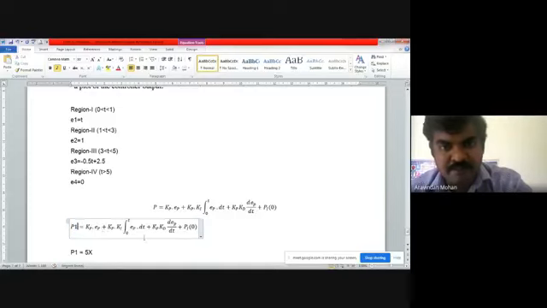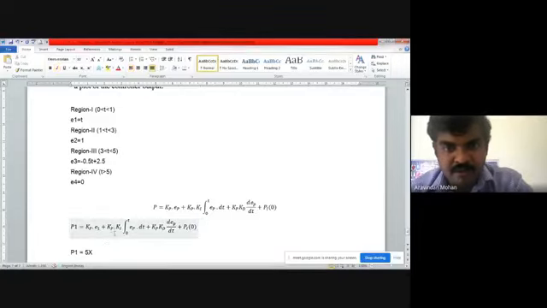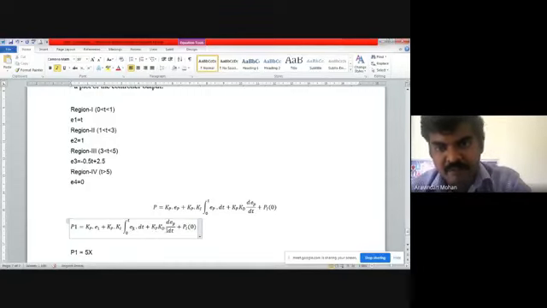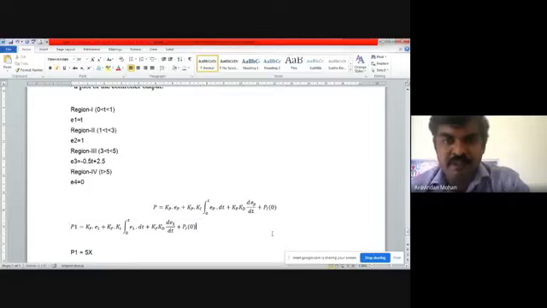That is, P1 is equal to Kp into E1. Likewise you have to repeat it for all the other regions. Kp into Ki integral 0 to T, and here we are going to write E1 into dt, plus Kp into Kd d by dt of E1, plus Pi of 0.